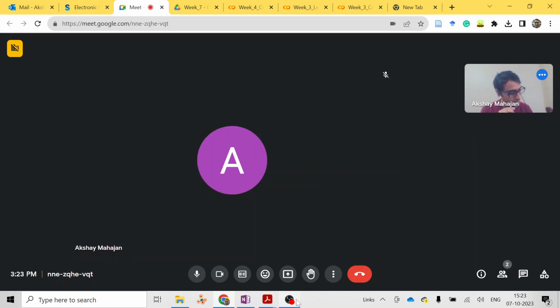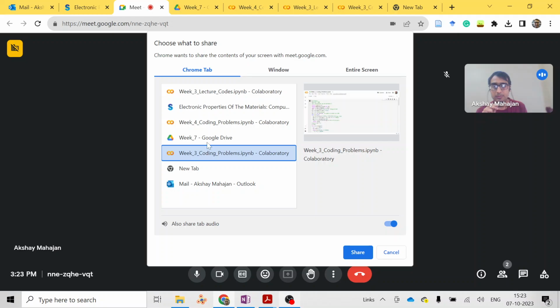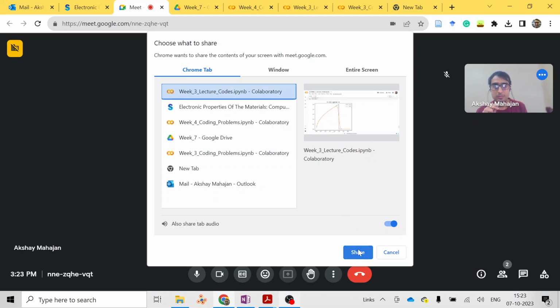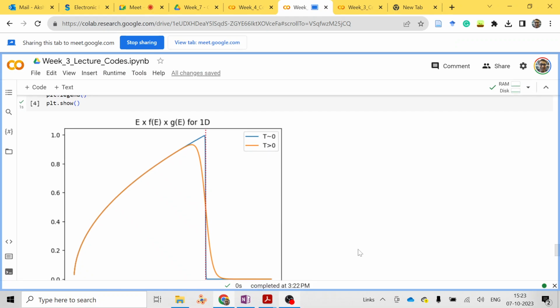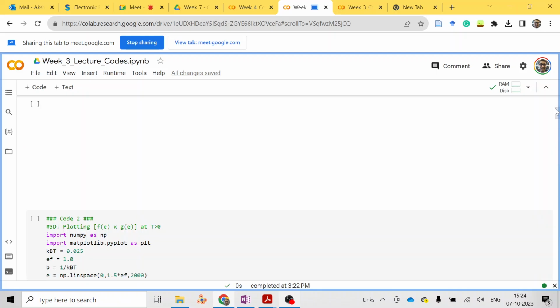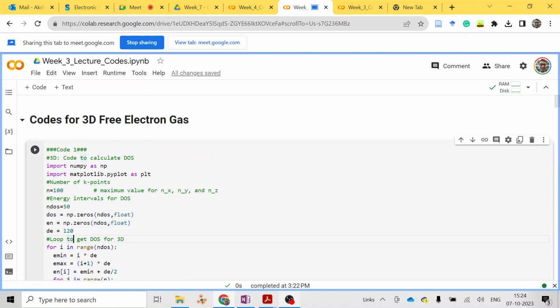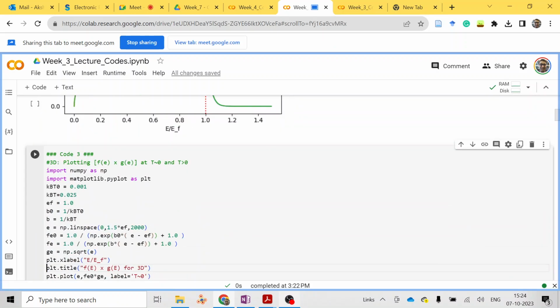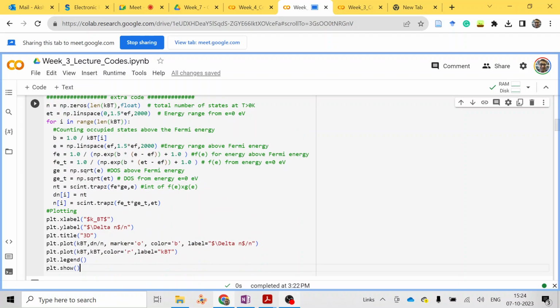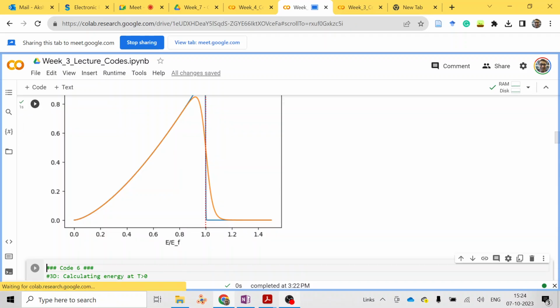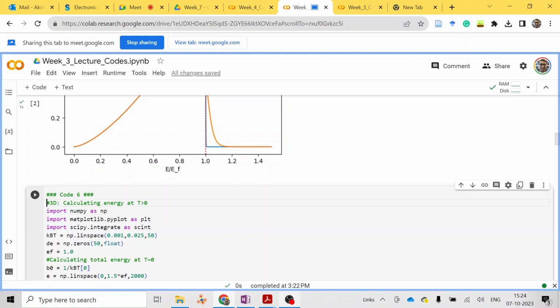Alright, let's go to code number 6, which is our total energy calculation. So we have to calculate total energy.